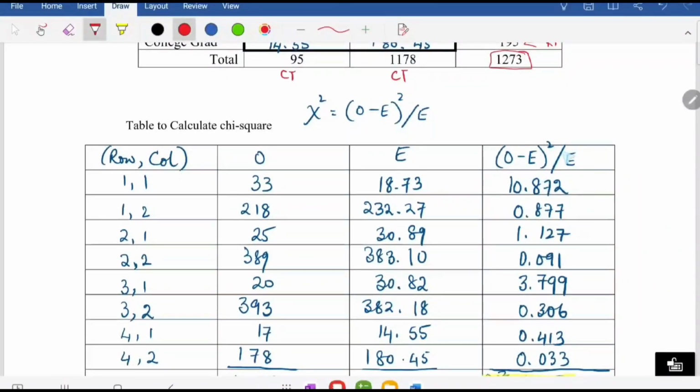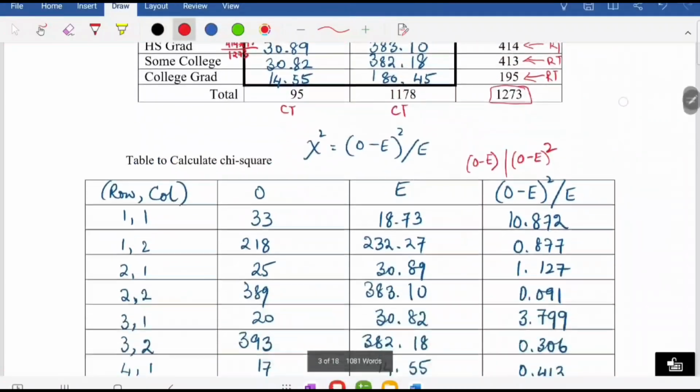And then in the last column, I've skipped some columns here, but you can add some more columns if you wish in order to break it down to more steps. So in the next column, you can have a column for O minus E, and then in another column you can have O minus E whole squared, and then have this as the last column like we did in the previous question.